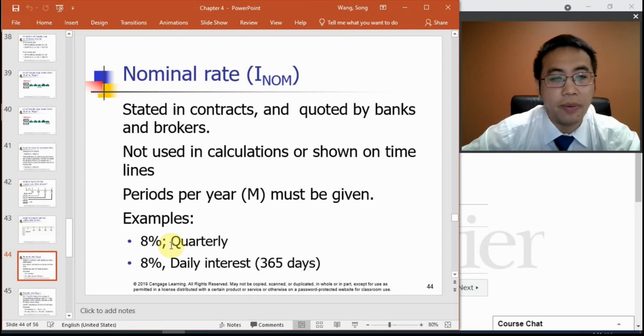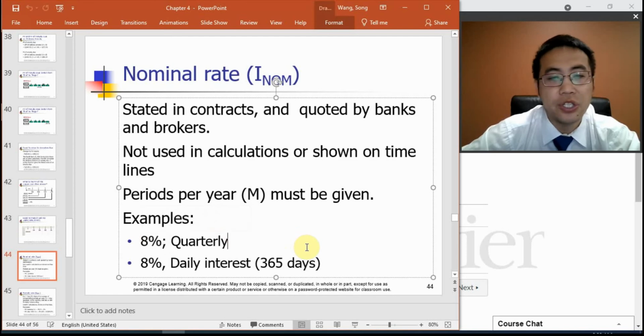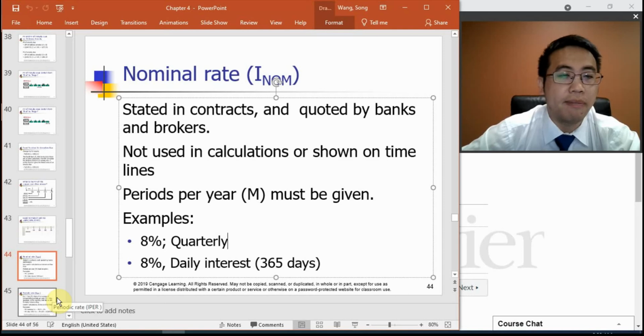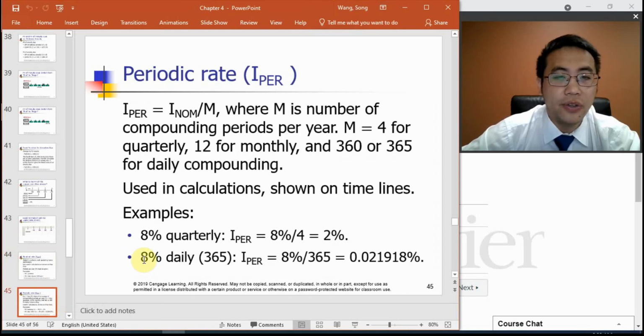And in our profession of finance, when an interest rate is given to you, no matter 2%, 8%, or 20%, by default, we always assume it is an annual rate. It is an interest rate occurred per annum, per year. And when we apply different compounding methods there, my future cash flow could be different.